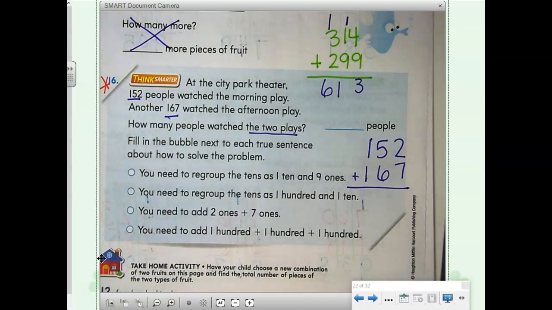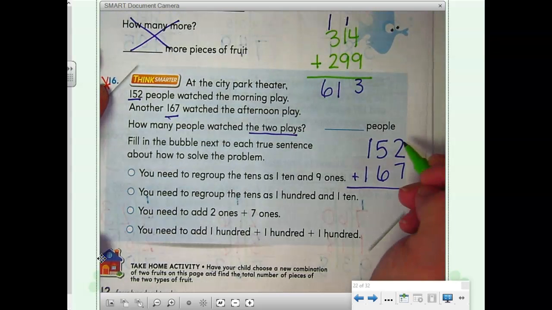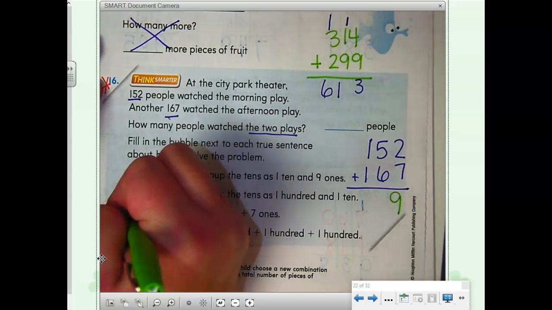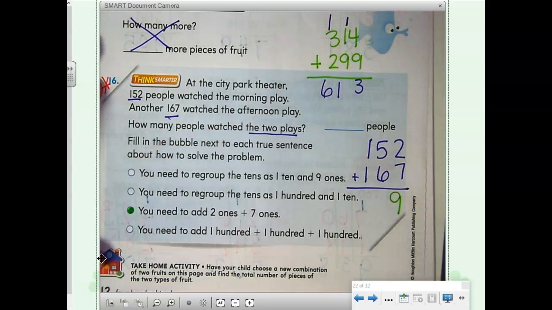All right, so let's look at Miss Spires' problem. All right, first thing we need to do is add what? 2 ones plus 7 ones, and we're going to get what? 9 ones. So we can bubble in: we add 2 ones plus 7 ones.